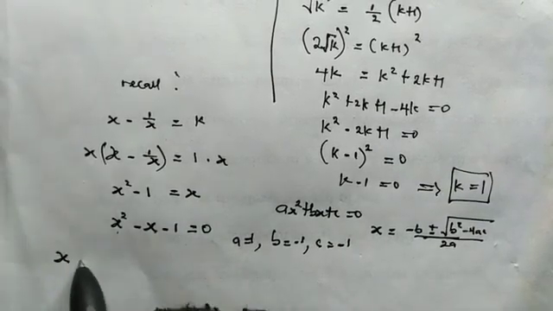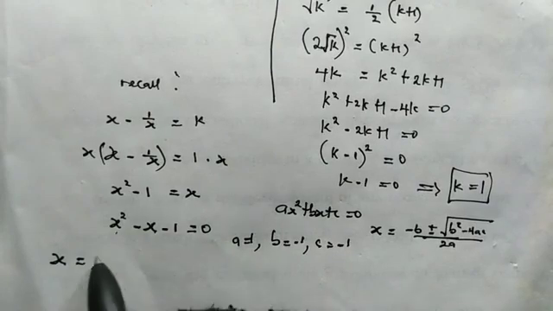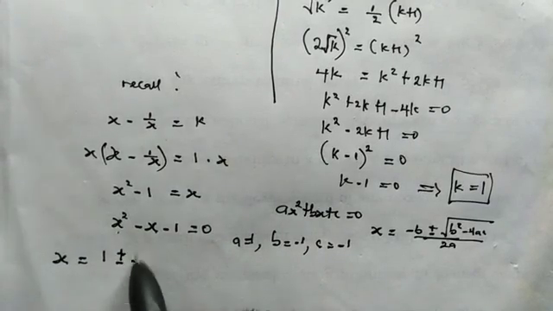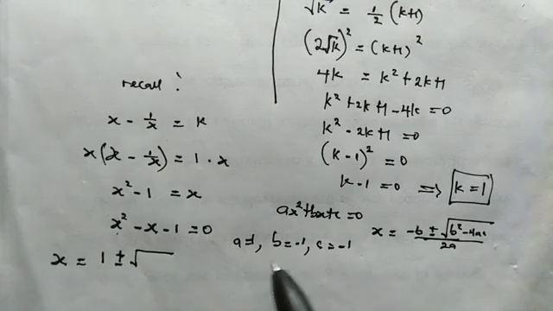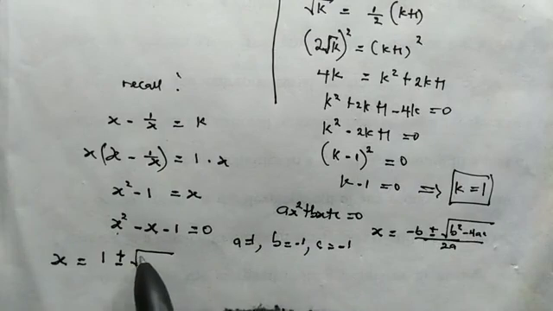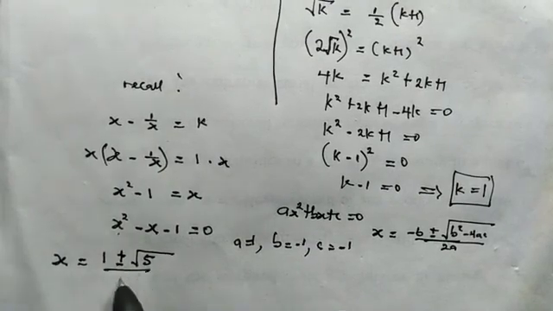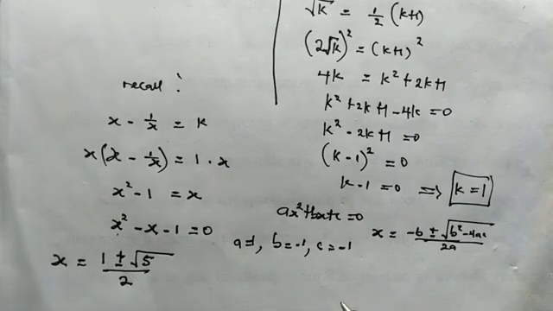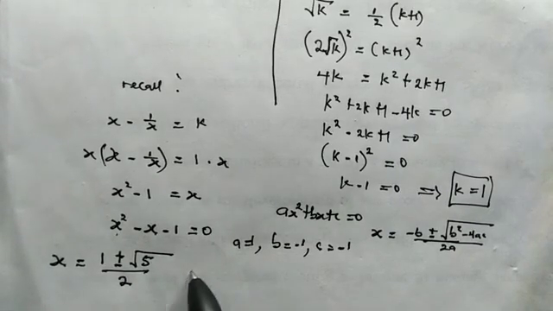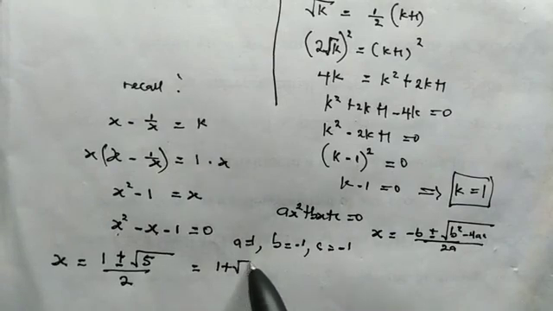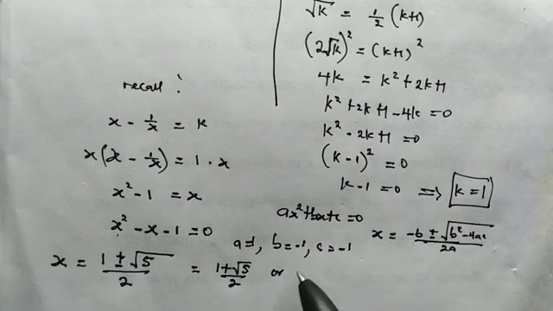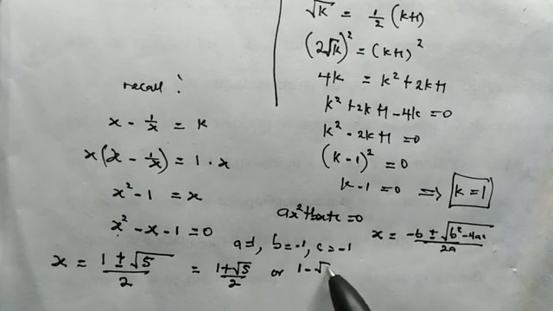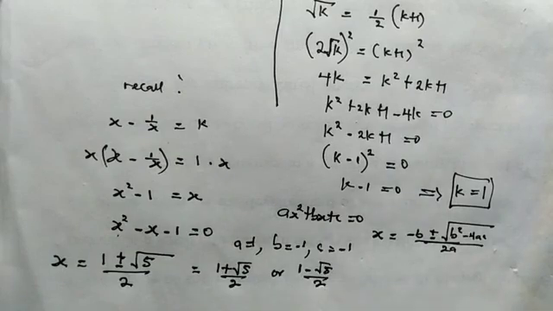So we get x is equal to negative b, which is 1, plus or minus the square root of b squared, which is 1, minus 4ac, which gives plus 4, and that is 5, all over 2. So this is equal to 1 plus root 5 over 2, or 1 minus root 5 over 2. But this value here is negative.